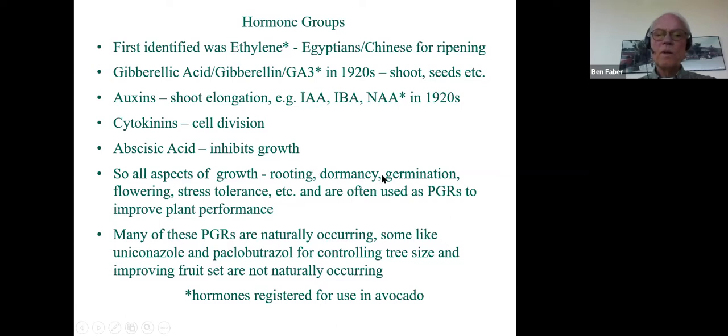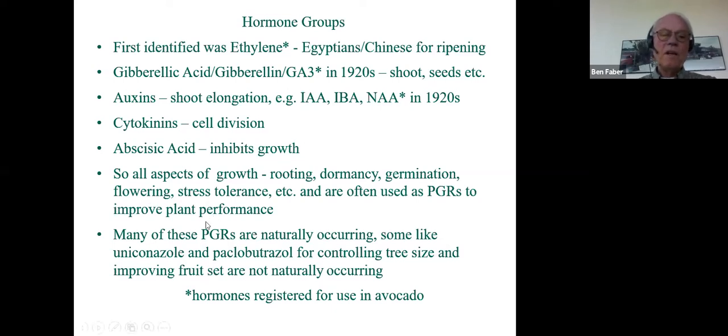Some of the more important ones are dormancy and germination, flowering, stress tolerance, and we can use these as PGRs, applied hormones to improve plant performance. So, you know, about Root Tone, the rooting hormone that improves rooting of cuttings. So there's been a lot of commercial applications of hormones over the years.